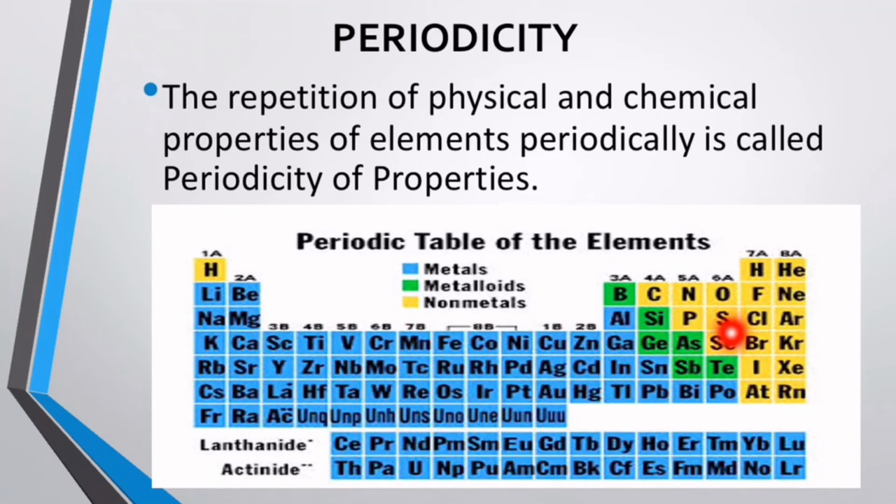The right hand side has elements in group 8A, and the elements include helium, neon, argon, krypton, xenon, and radon. These elements are arranged vertically and are in group 8A. They have repetitive properties. They are considered as zero group because of their repetitive similar properties.